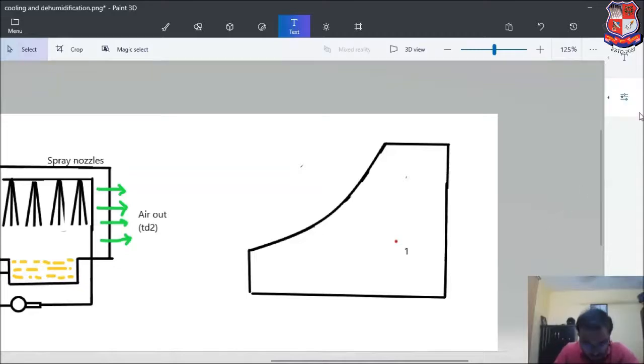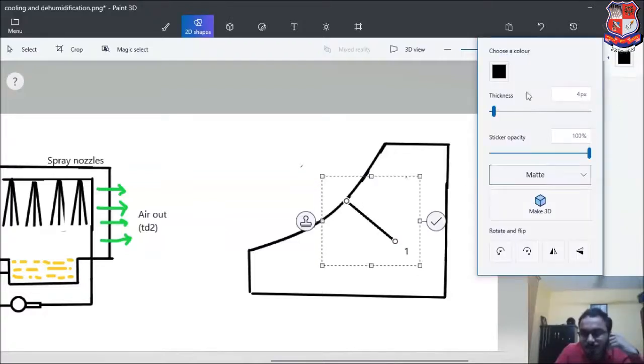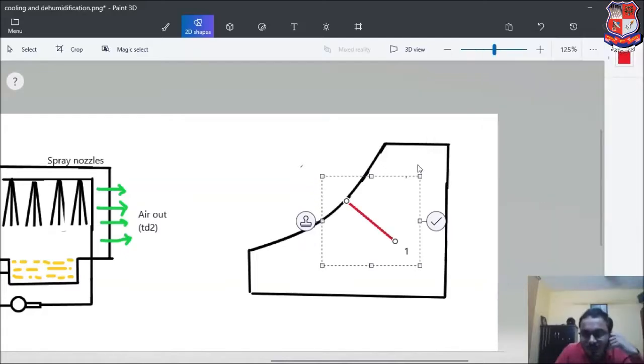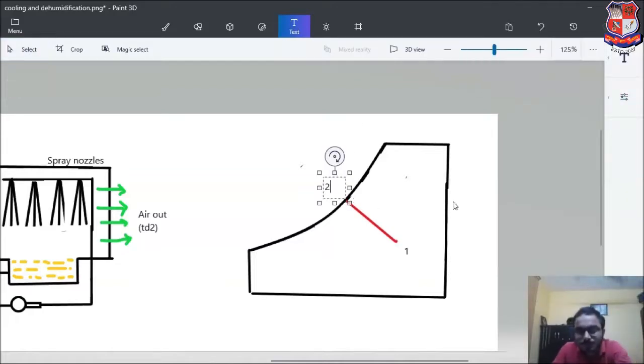Now let us say that the temperature of... so let us say that we are considering this case right now, which is our case number 1, and this will be our point number 2. So it should be point number 3.